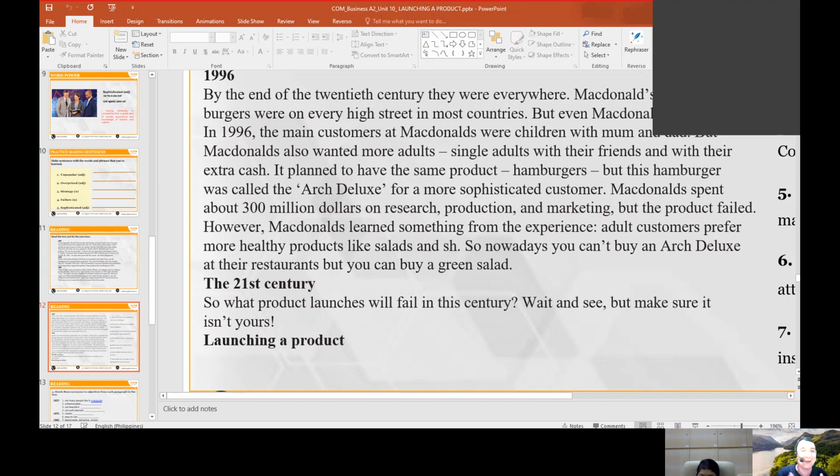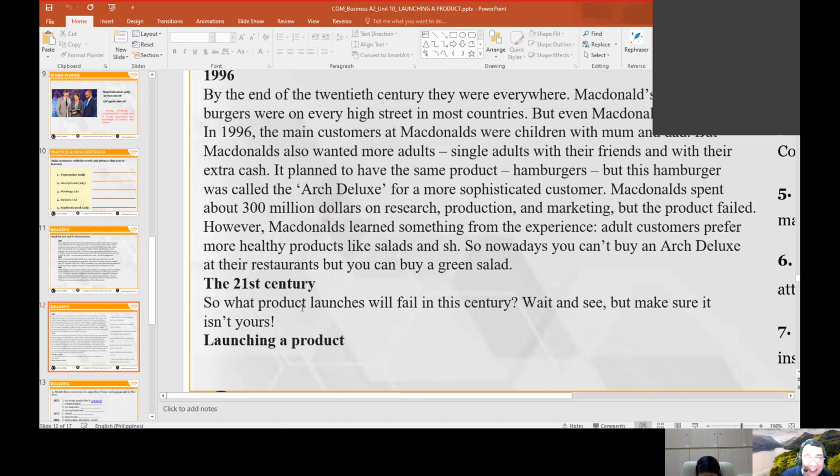So in every company, of course, there would be successful and there would be unsuccessful. Even big companies experience that.